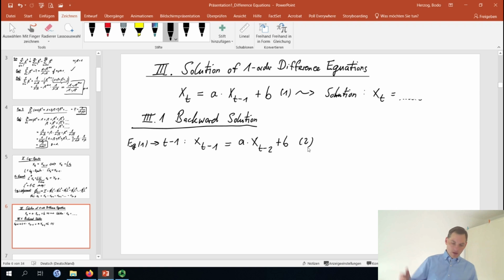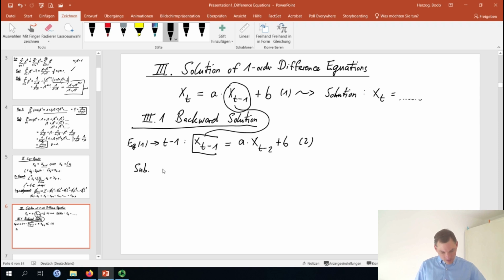So we shift equation 1, the one we want to solve, one period backwards into the past. Therefore it's called the backward solution, because we shift it back. Now look, we have here an x t minus 1, and that is what we will substitute on the right-hand side. So substitute equation 2 in equation 1.